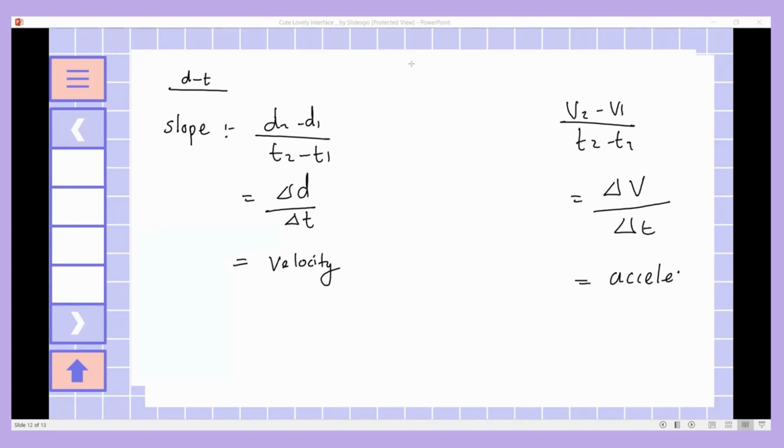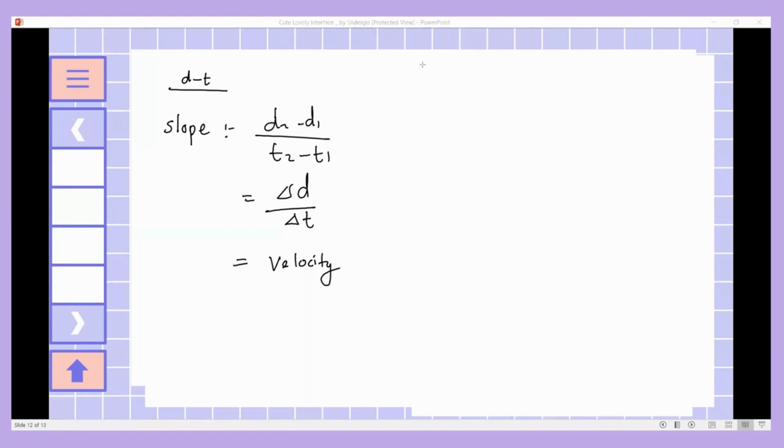Another important thing that we have to remember in the VT graph is, when it comes to the area under the graph, it can be a rectangle or a square when the graph is looking like this. That is uniform velocity. Or else it can be a triangle like this. If the plot is this, it has to be a triangle.